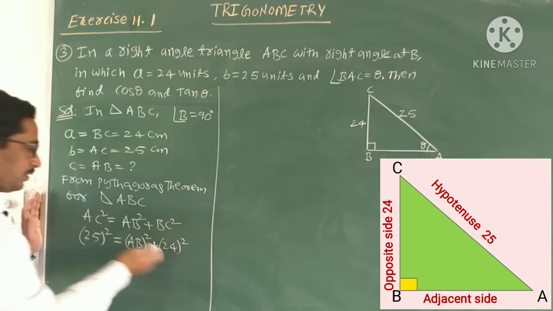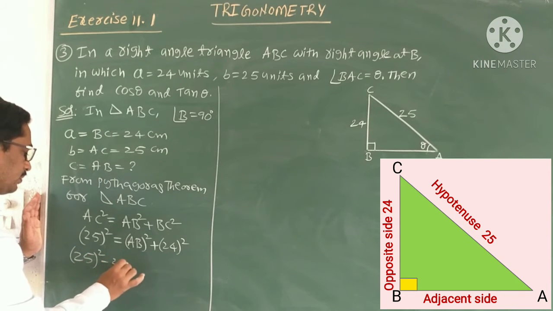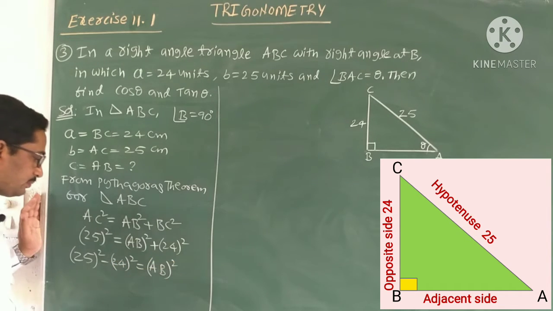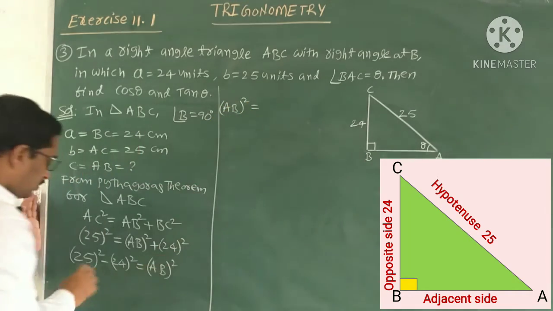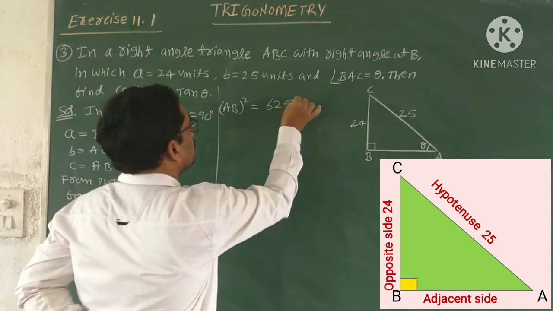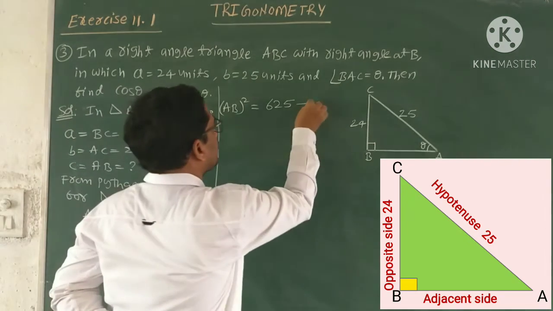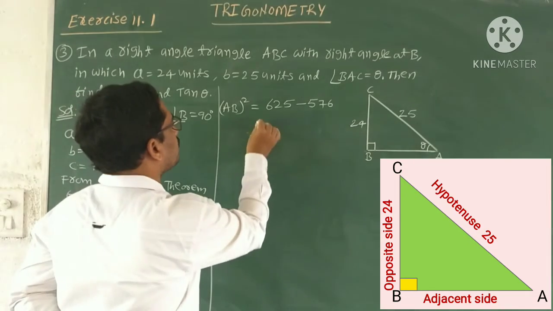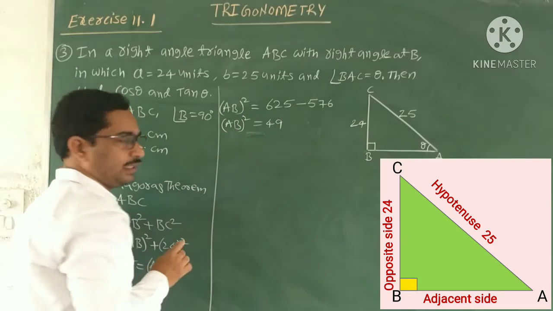Now bring the 24 square value to the left side. 25 square minus 24 square equals AB square. 25 into 25 is 625, minus 24 into 24, which is 576. So 625 minus 576 is 49, and this is the AB square value.